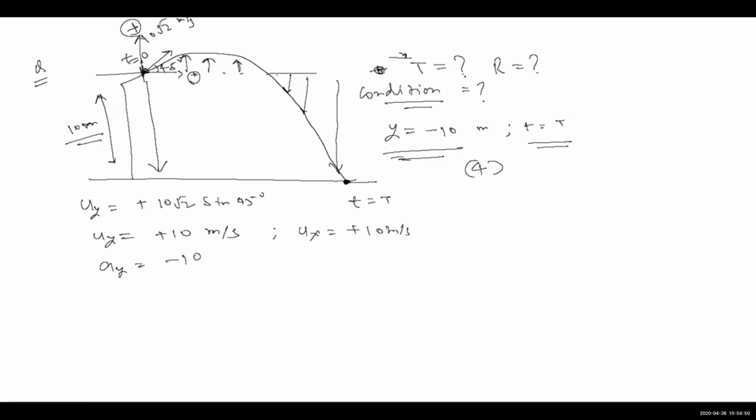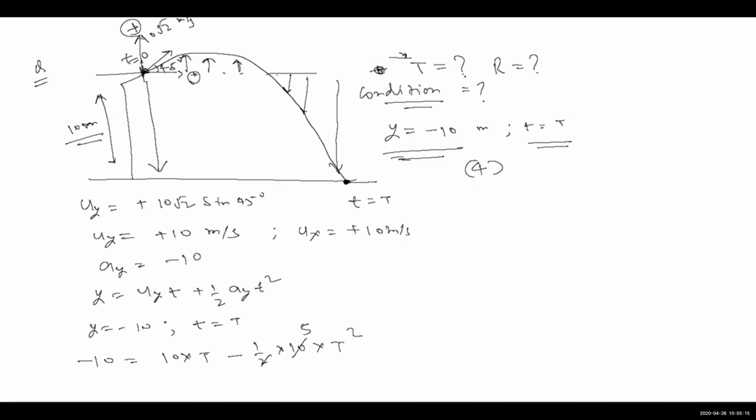Then we use the condition with equation 4. y is uyt plus half ay t square. So when y becomes minus 10, t becomes time of flight. We put the value. Minus 10 is equal to 10 into capital T minus half into 10 into t square.